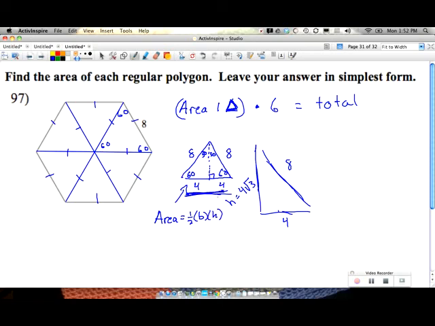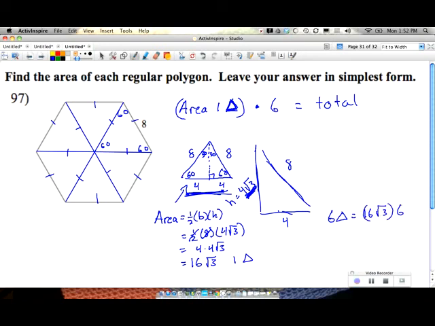If I simplify this a little bit more, half of 8 is 4, so 4 times 4 root 3. And that's going to give me 16 root 3. That's for one triangle. For 6 triangles, that equals 16 root 3 times 6. Well, 6 times 16 is going to be 96. So that gives me 96 root 3 equals my total area.